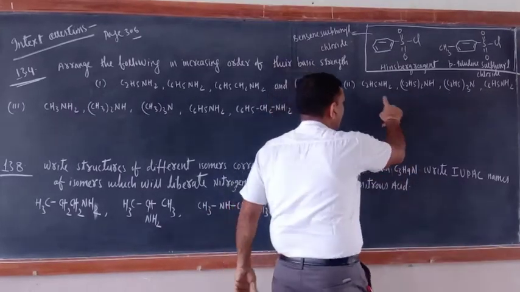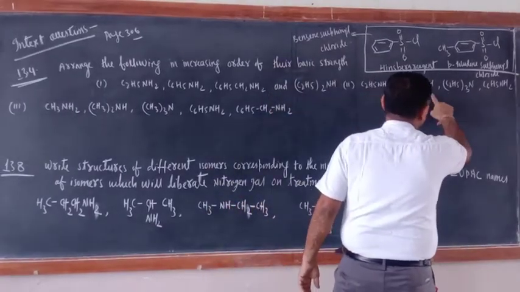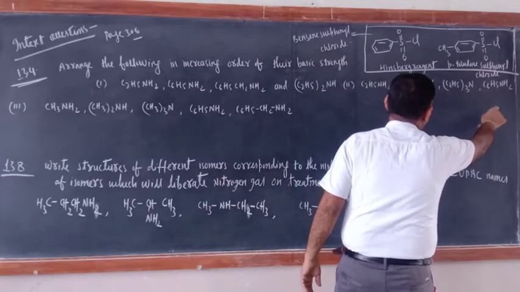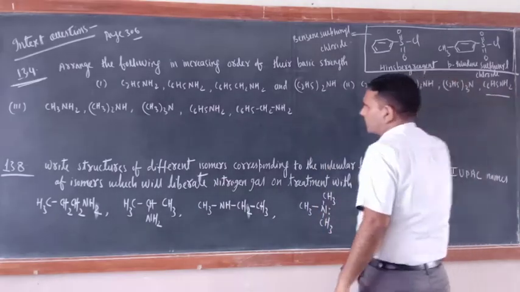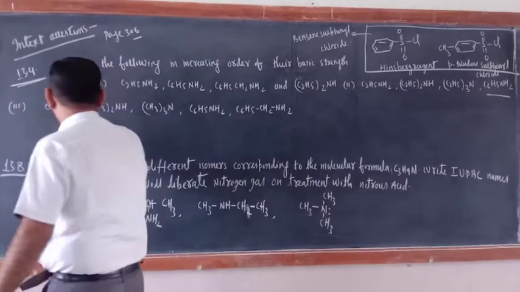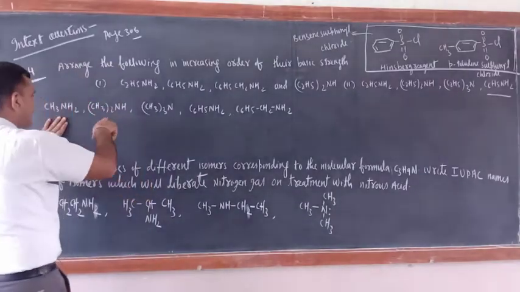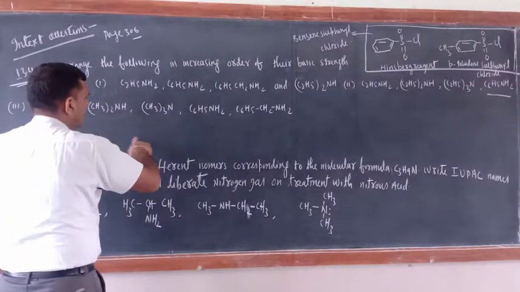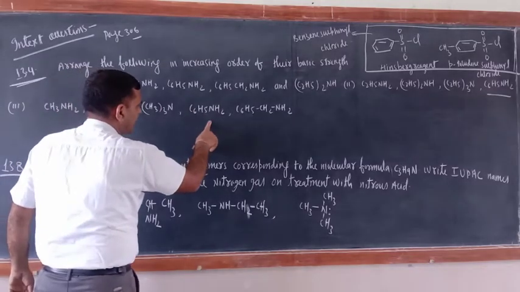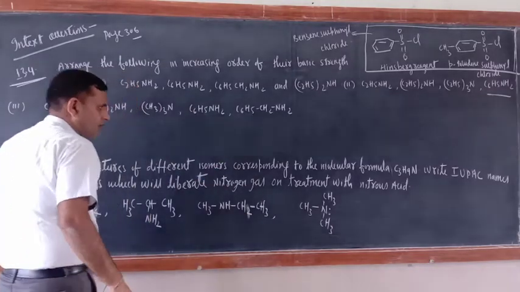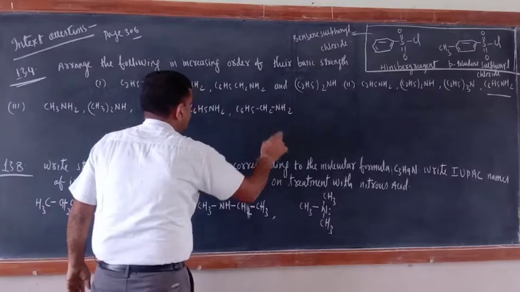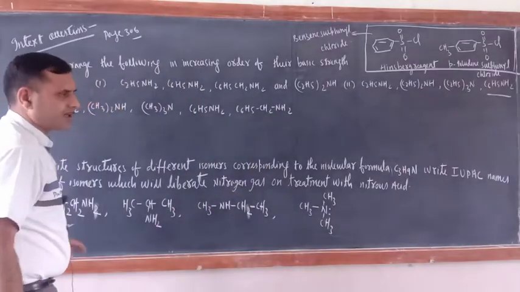Second question is ethylamine, diethylamine, triethylamine and aniline. Third question is CH3NH2 means methylamine, dimethylamine, trimethylamine, aniline and benzylamine, C6H5CH2NH2.